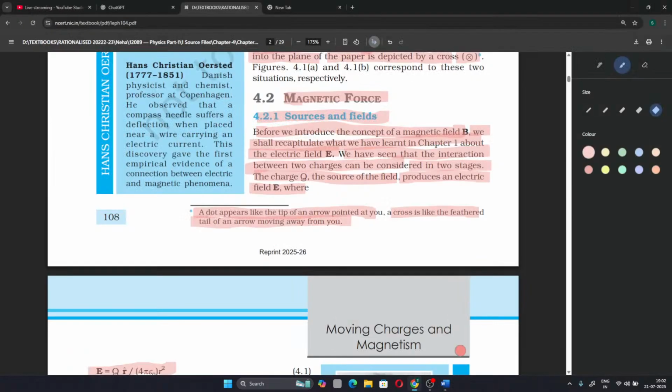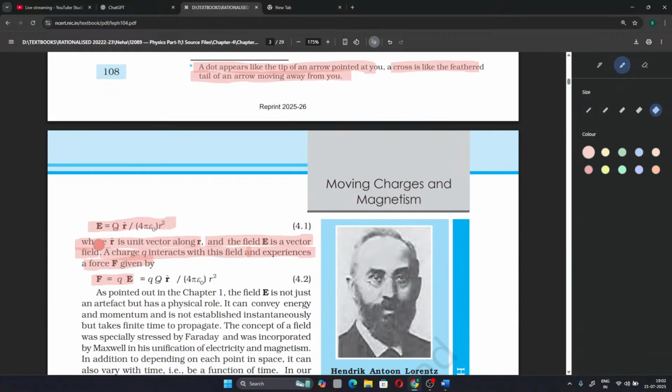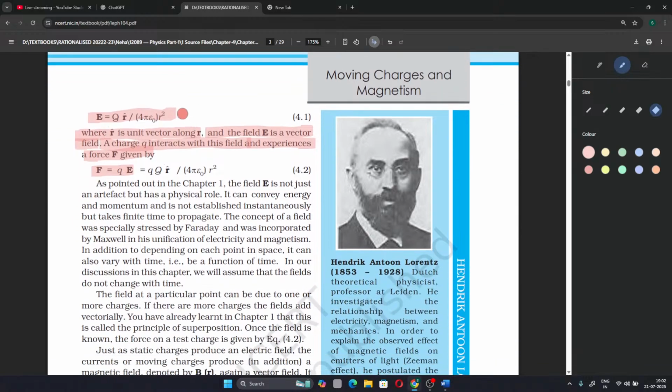Okay, let's continue about the sources and fields. We have seen the interaction between two charges can be considered in two stages. The charge, which is the source of the field, produces an electric field, where this is the formula for the electric field, acting in the direction of the r vector, and this field is a vector field.